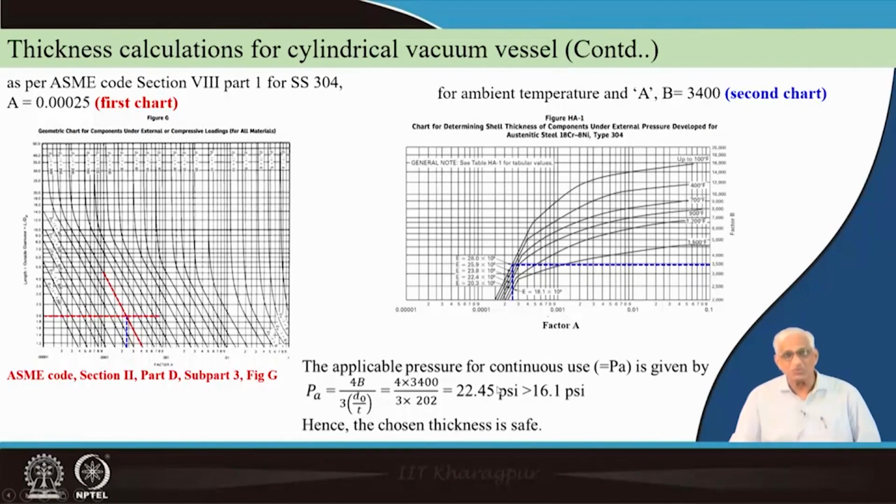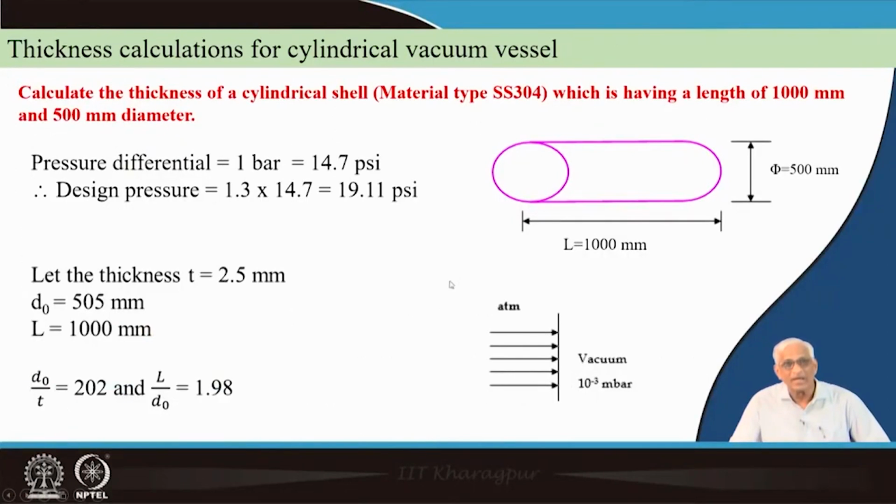And if that value given in the units of PSI, if it is more than the safe value, that is 16.1 PSI, we got it for any vessel, for vacuum vessel, 16.5 type of PSI is the safe pressure, or even 1.3, 19.11 for example. How much safety you want to take, it is up to you. If you take 1.3, it is 19.11. If you take 1.2, it is different. Roughly 1.3 is a safe value to take.